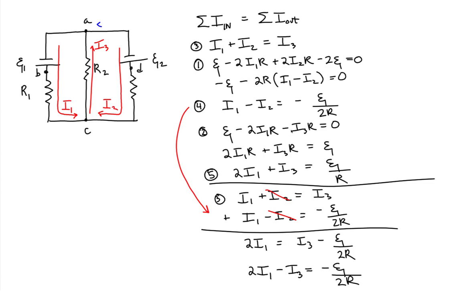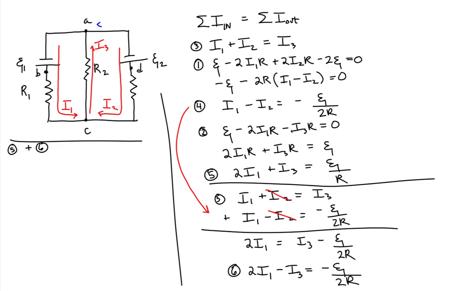So notice what we have here. We'll just go ahead and call this equation 6. And look at equation 5. Equation 5 has a 2I1 plus I3, while equation 6 has a 2I1 minus I3. So let's do this. Let's take equation 5 and add it to equation 6.